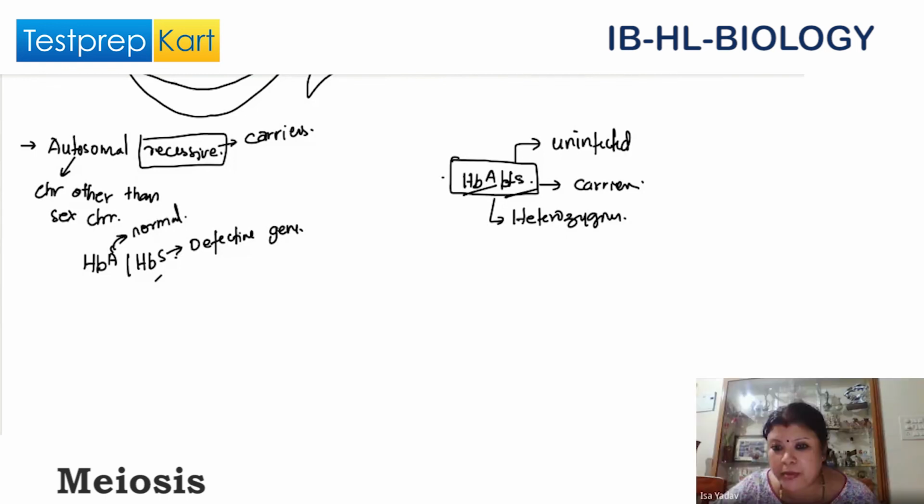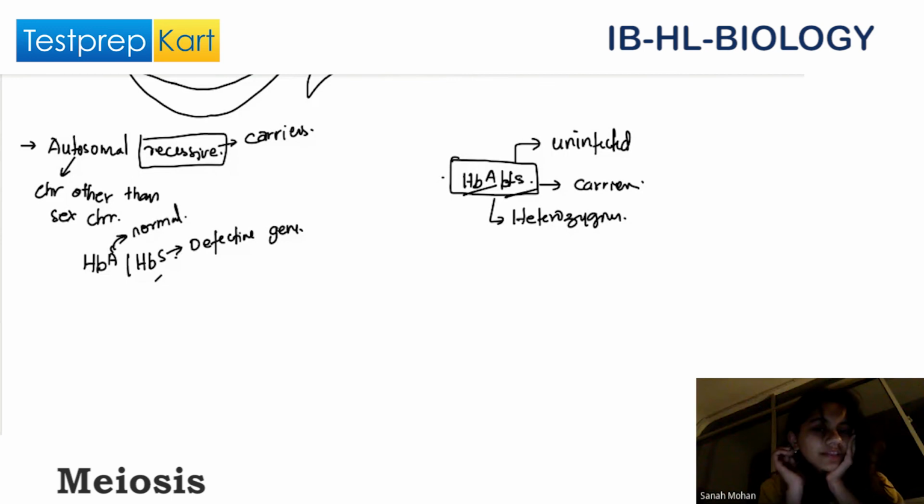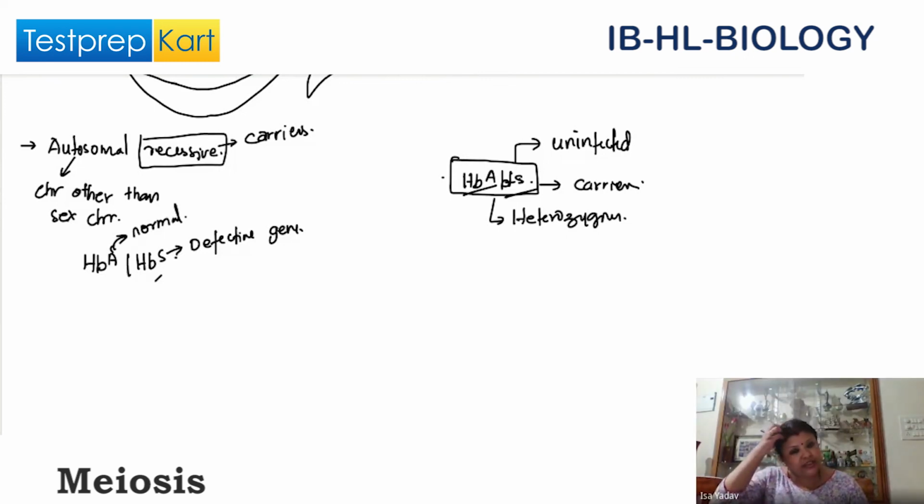Could you explain the carrier part again? Since the disease is autosomal recessive, recessive means can it express itself?